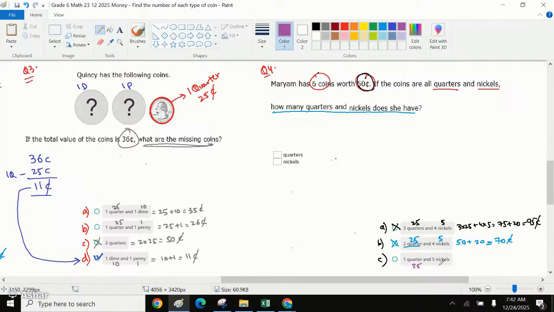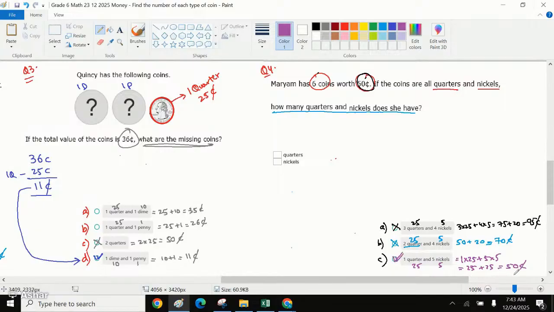1 quarter and 5 nickels. That means 1 into 25 plus 5 into 5. 1 quarter is 25. That is 25 plus 25, that is 50 cents. Agreed? So what we can say is the third option is the correct answer.